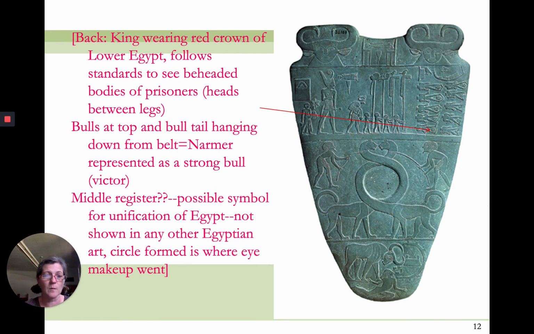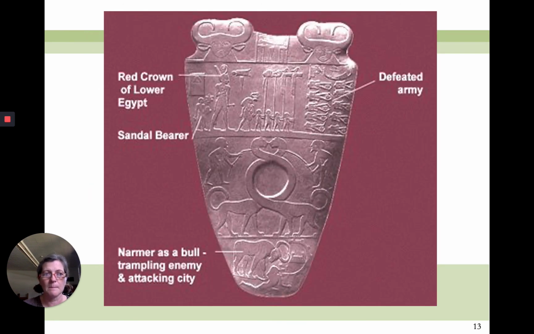All right, you've got the bulls at the top. More symbolism, all these different gods and all this kind of stuff. They have this symbolic representation of the unification of Egypt. So, red crown, there's our royal personage holding the sandals in this instance. The bull, trampling.